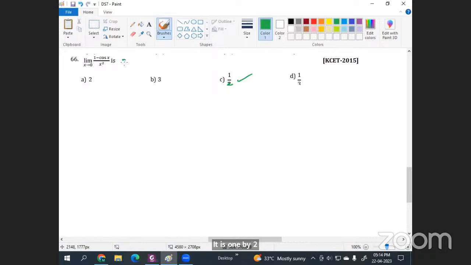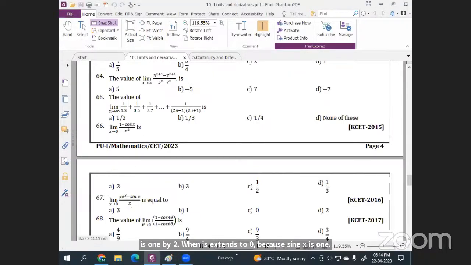And we are getting 0/0, so sin x by 2x is 1/2 when x tends to 0, because sin x by x is 1. See how fast we are able to do.